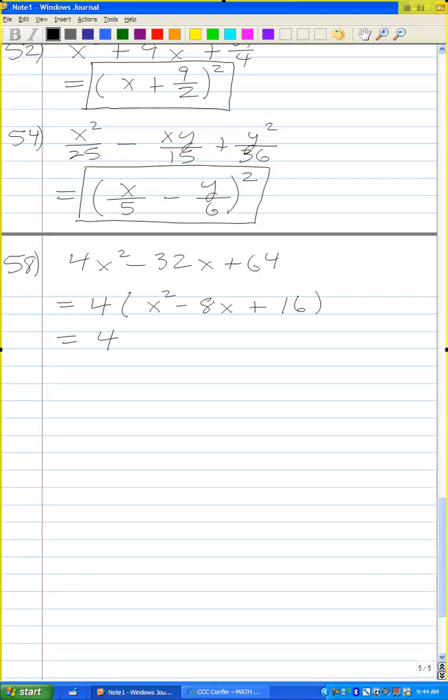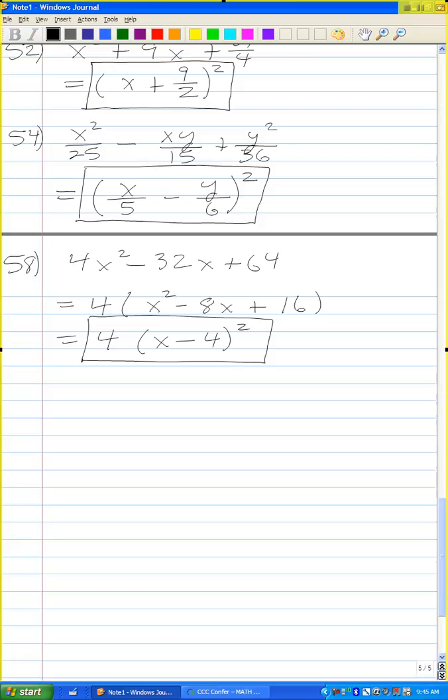What's in parentheses is a perfect square trinomial. Square root of x squared, x. Bring down the minus. Square root of 16, 4. x times negative 4 times 2 is a negative 8x. And so this is a perfect square trinomial, and so I factored it completely.